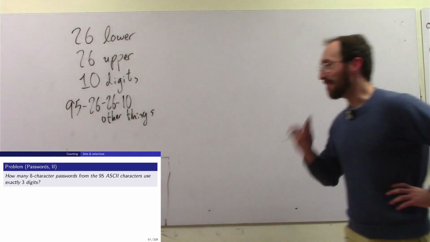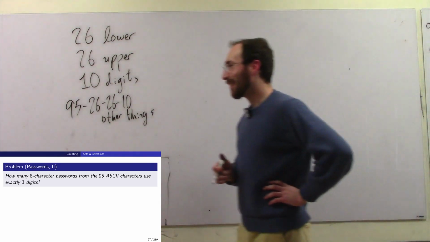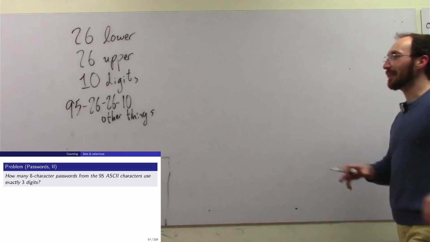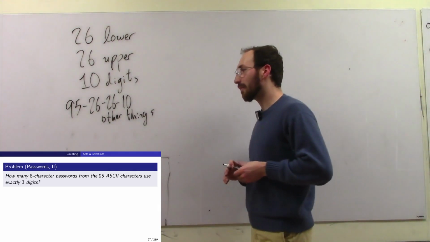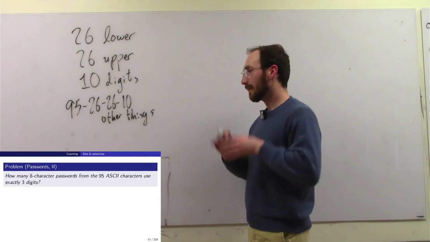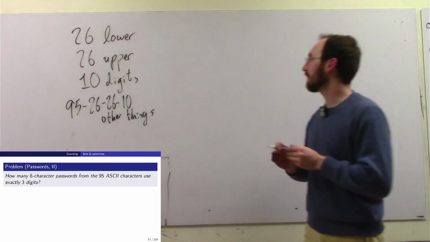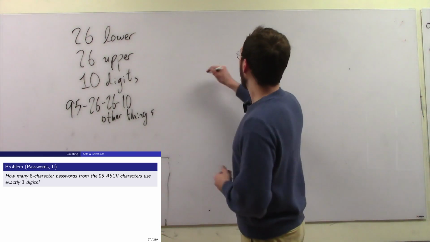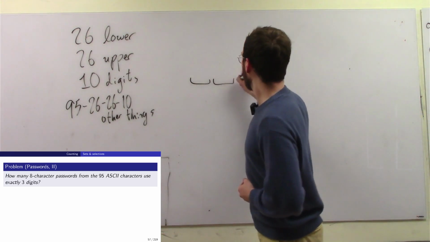There we go. Perfect. And thank you. And so yes, it is 10 digits. So now we want to figure out how many ways there are exactly 3 digits. So how are we going to do that? Well, I have 8 characters here.